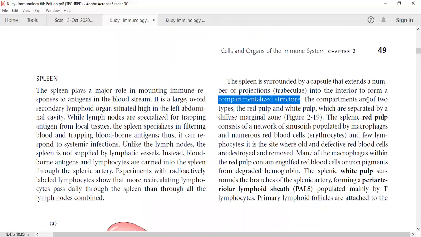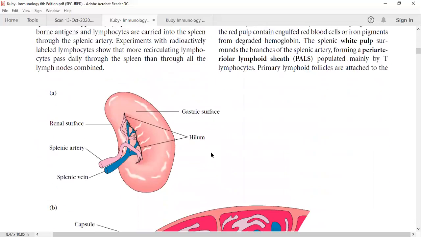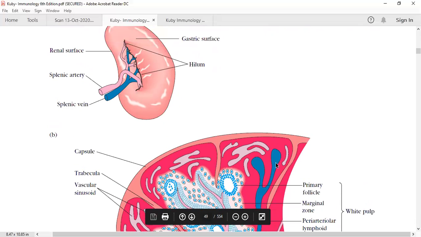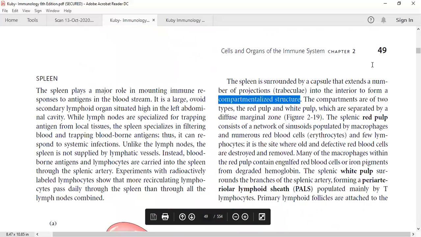The compartments are of two types, red pulp and white pulp, which are separated by a diffuse marginal zone. The marginal zone is present between the two. The marginal zone is rich in B cells, and there are follicles, primary and secondary follicles. All right, so this marginal zone is present between red pulp and white pulp.